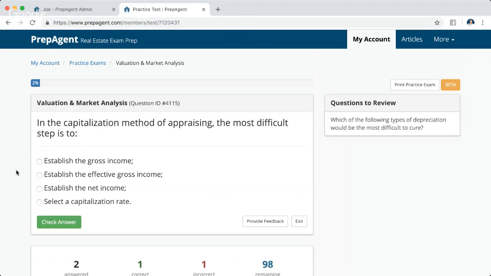In the capitalization method of appraisal, the most difficult step is to A, establish the gross income. B, establish the effective gross income. C, establish the net income.